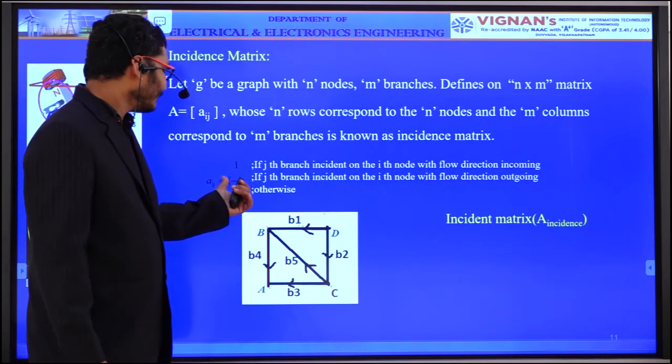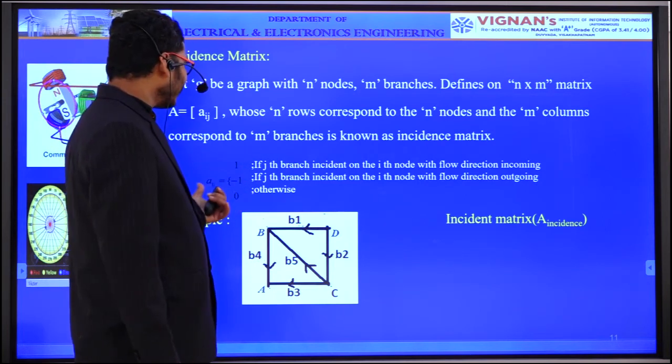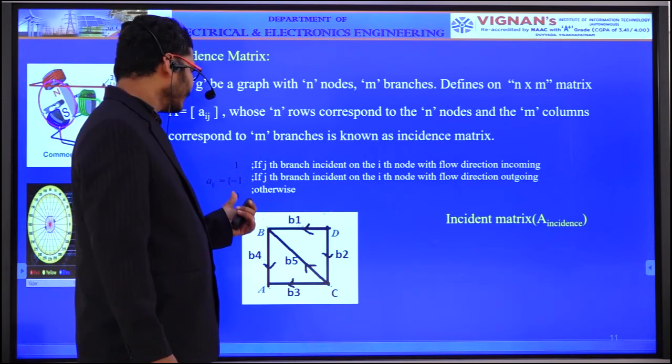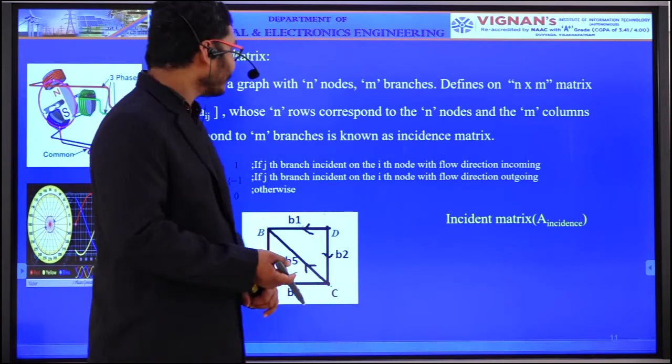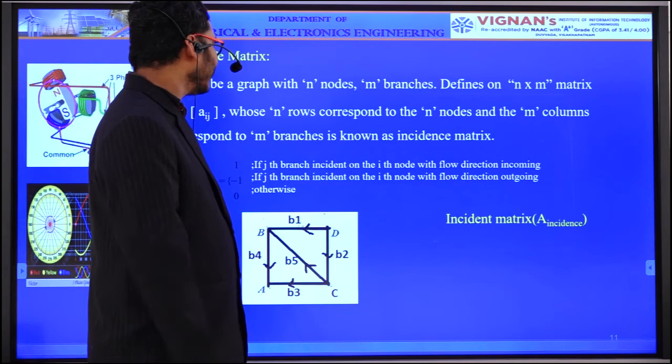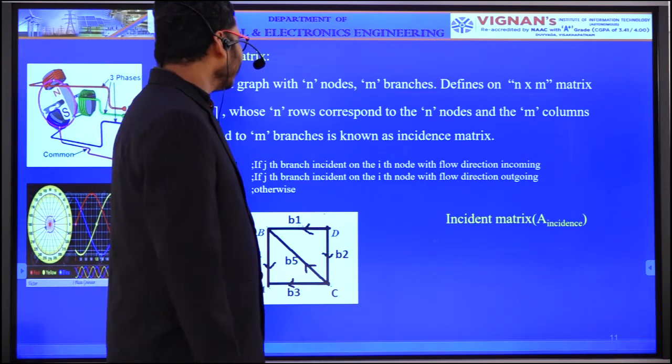Here the elements a ij of the incident matrix are 1, -1, or 0. You get 1 if the jth branch is incident on the ith node with the flow direction incoming.